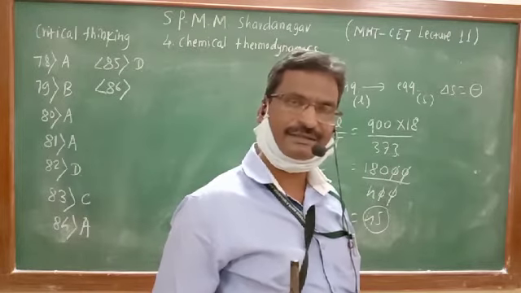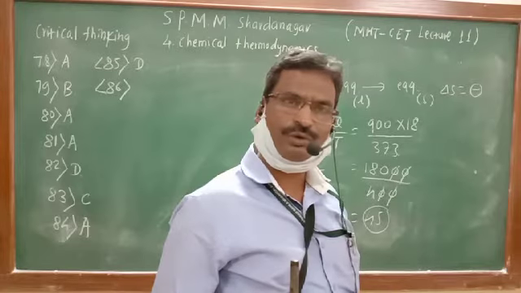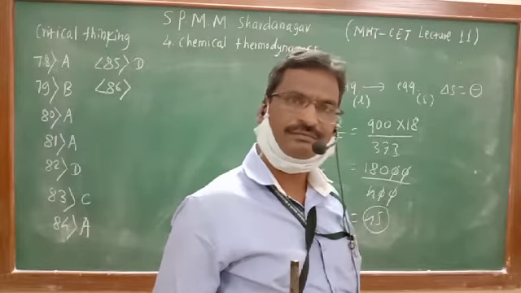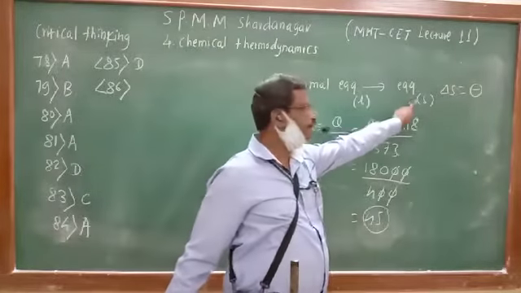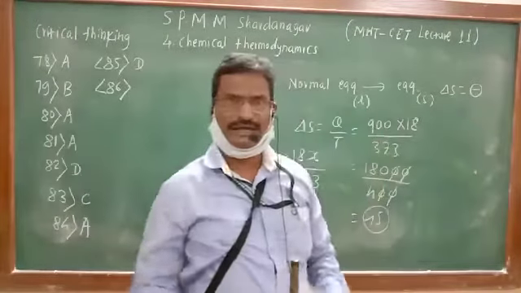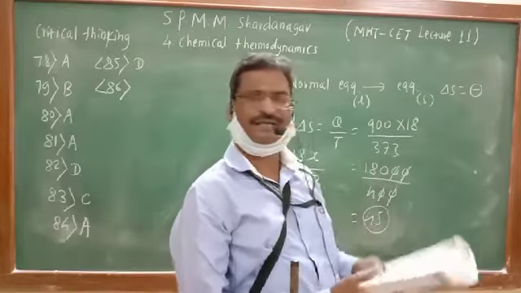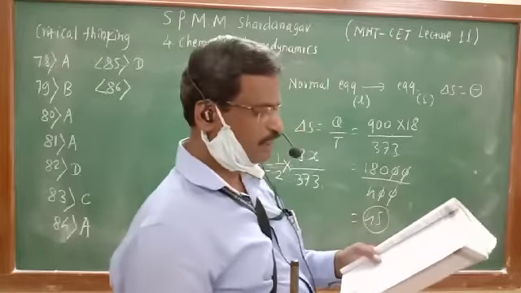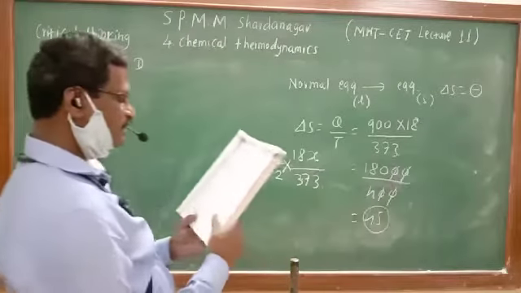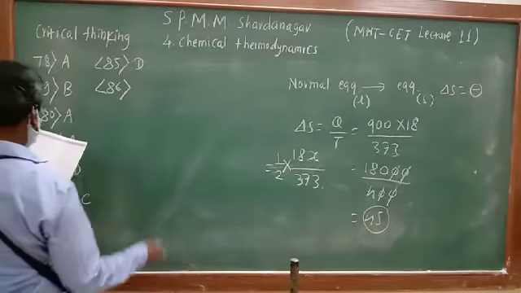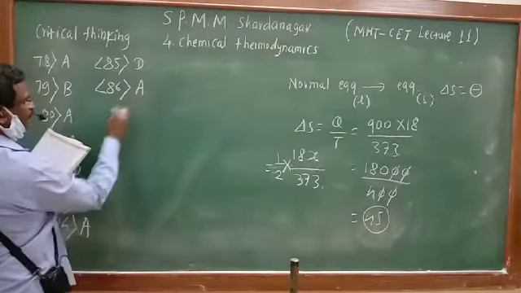Crystallization taking place means liquid sucrose is converted to solid, and whenever liquid is converted to solid, the change in entropy is negative. So entropy decreases, and they have asked in which of the following entropy decreases. So option A is right, crystallization of sucrose from its solution.